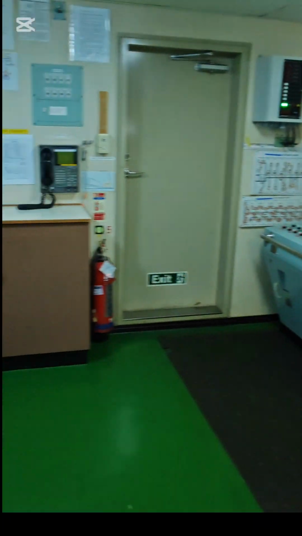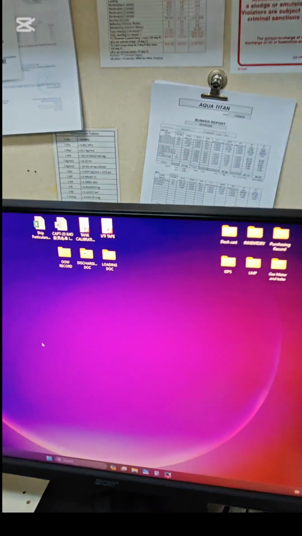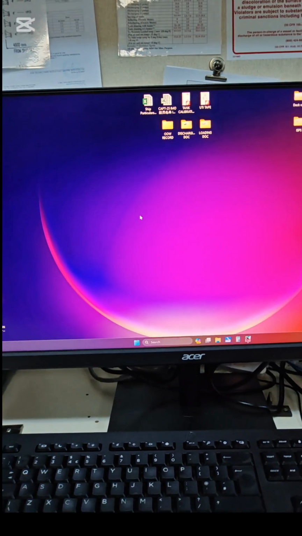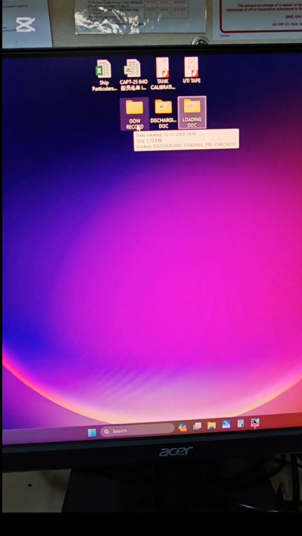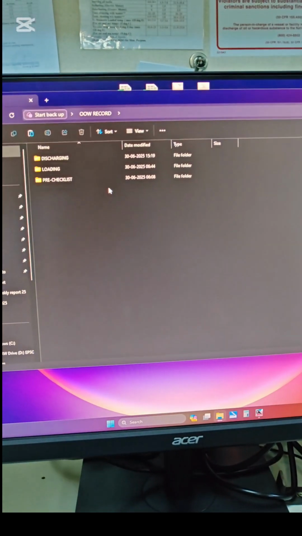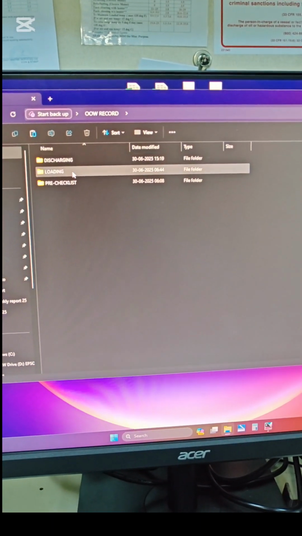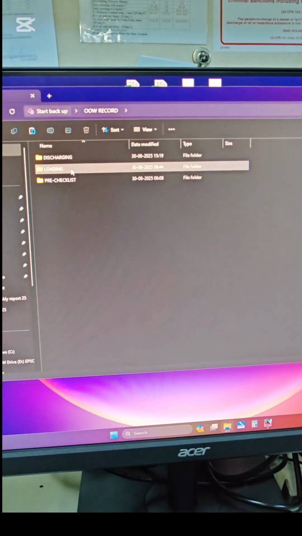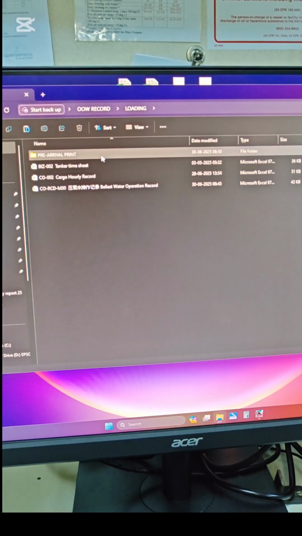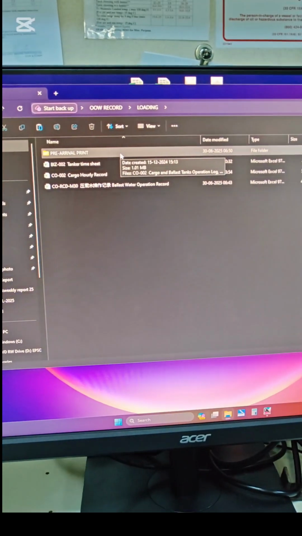I will show you from my PC what documents you will maintain every hour. You see here, this OW record. If you go inside the OW record, you have loading and discharging. If I go to loading first, you see there is a checklist, which we always maintain.